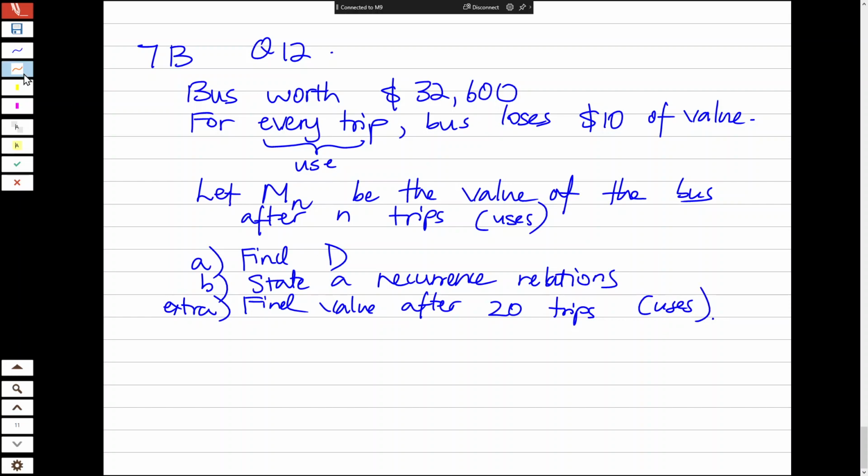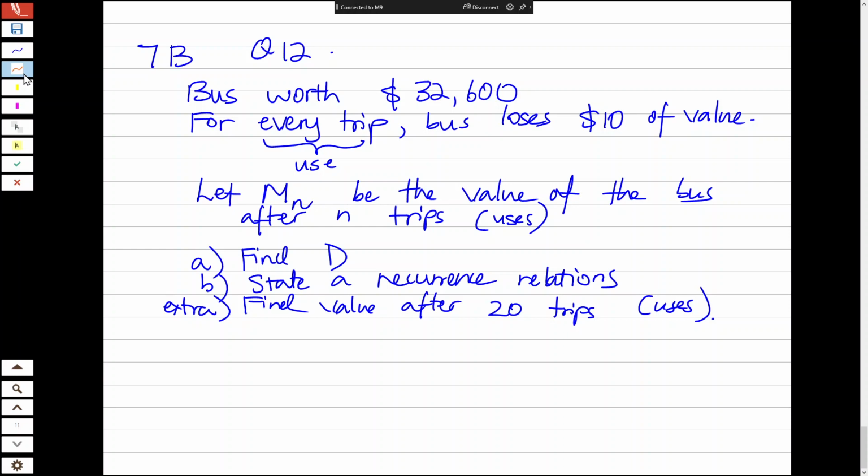Let me recap again. You've got a bus, the bus has some value at the beginning, 32 grand. Every time we make a trip, the bus is worth $10 less. The older it gets, the less it's worth. So I want to set up a recurrence relation, and I want to find how much the bus is worth after a certain number of uses.